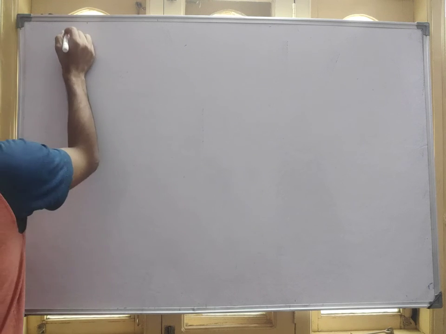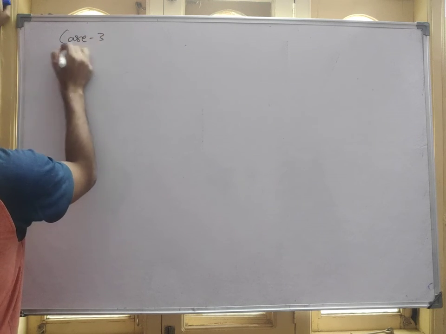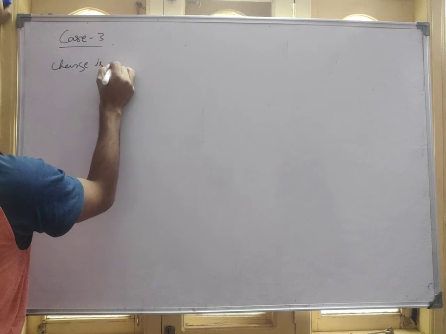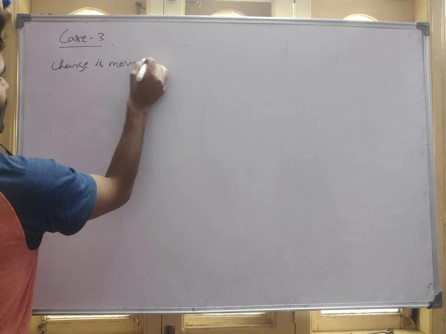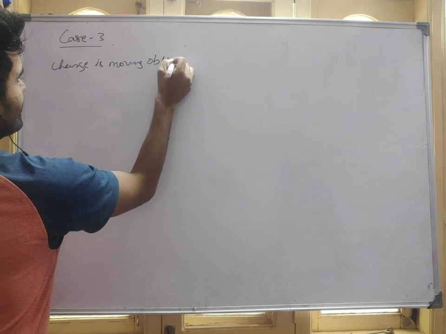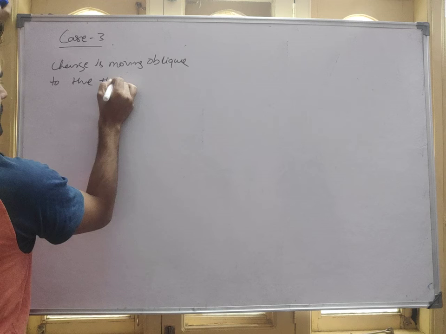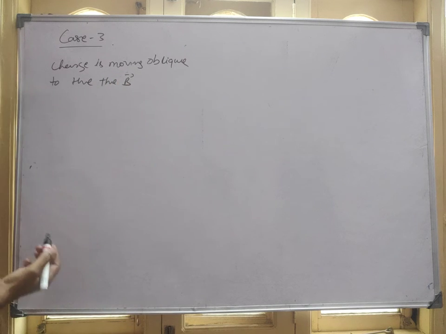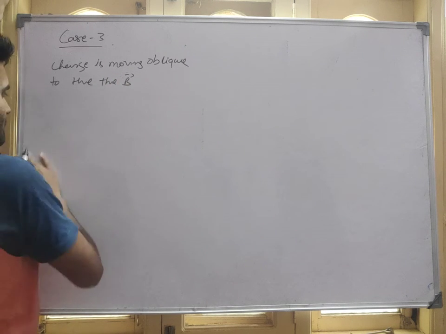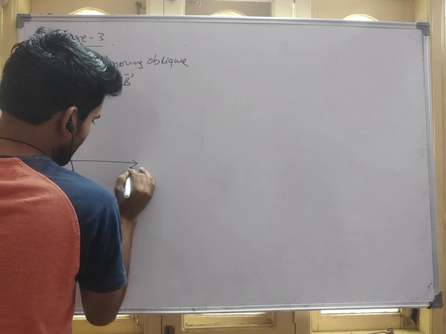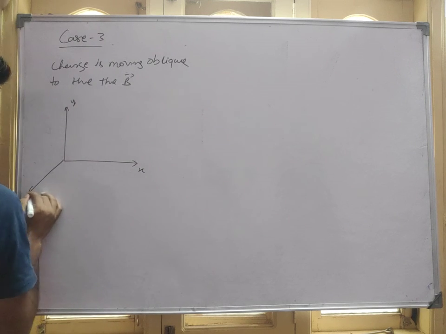Okay, so case 3. In case 3, we will see the charge moving oblique to the magnetic field. Let's say this is the y-axis, this is the x-axis, this is the z-axis.